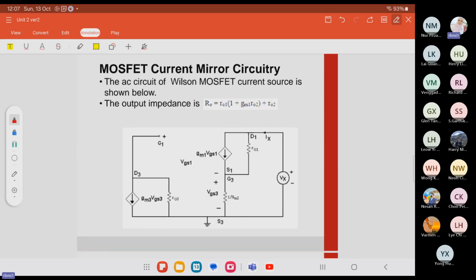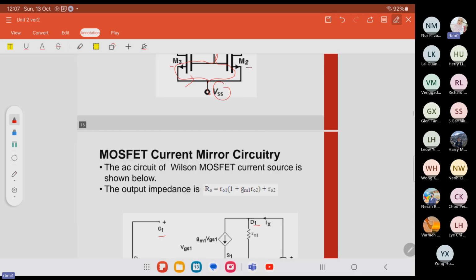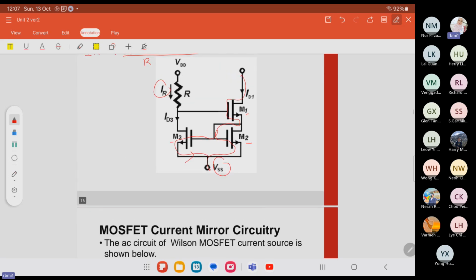And this is just to show the AC analysis. We have G1 and also 3.